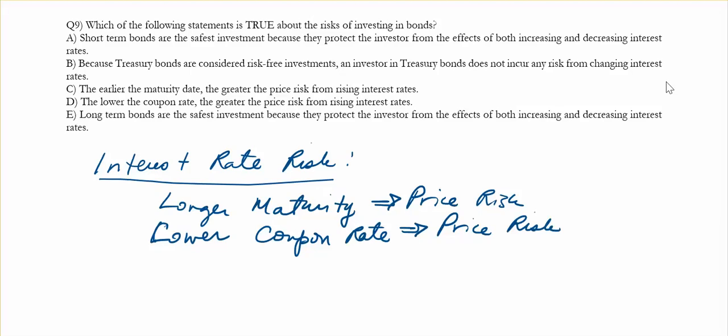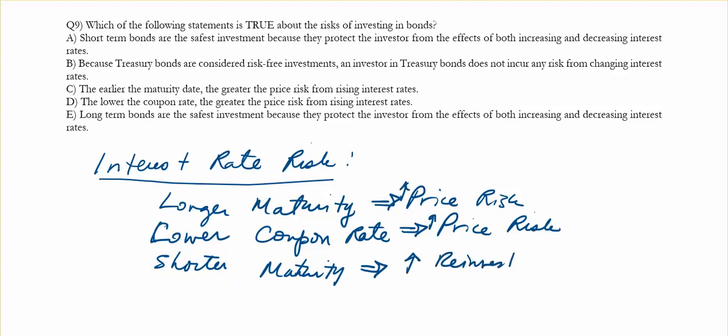Now, before you think that bonds that have the opposite terms of these must be less risky, you have to also consider that shorter maturity bonds, which have less price risk, have more reinvestment rate risk.